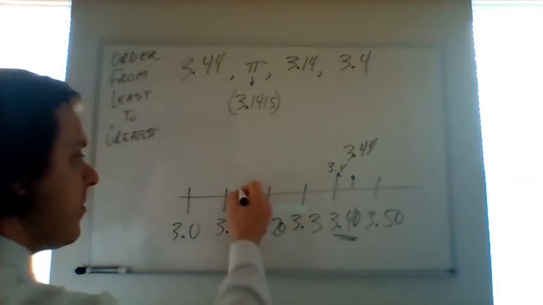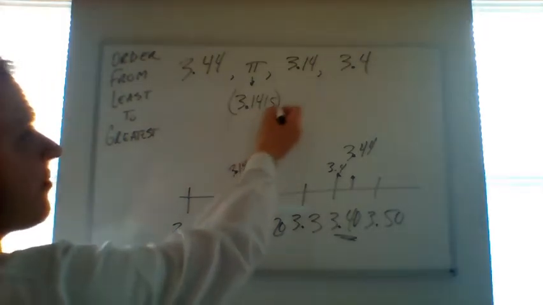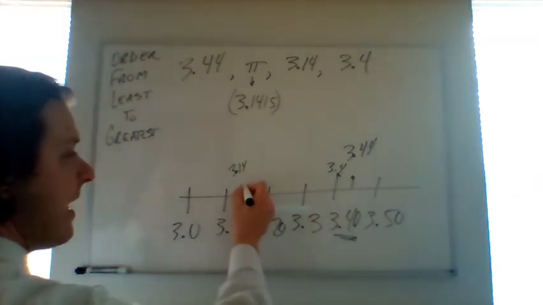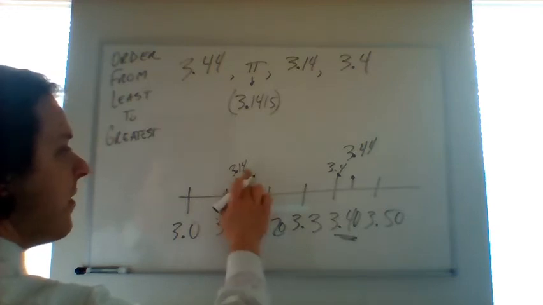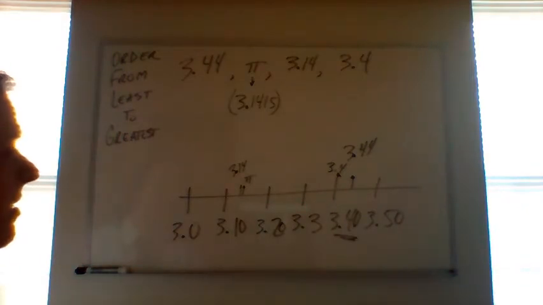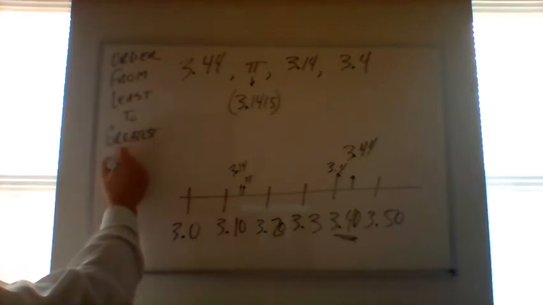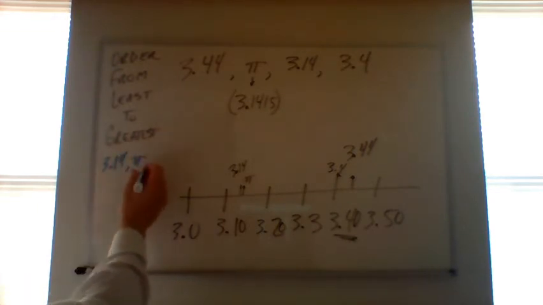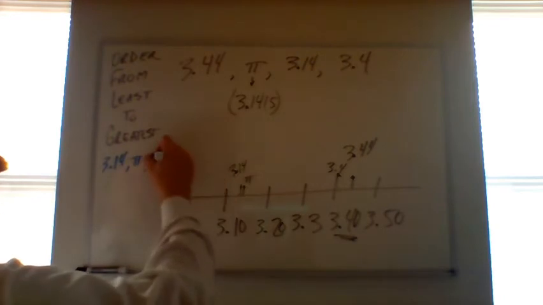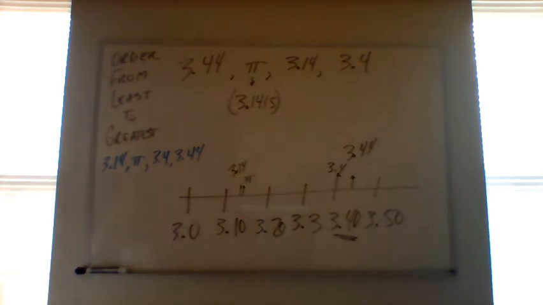So 14 would be probably in there, which means 3.1415 would be somewhere right next to it. This would be pi. So if we wanted to order from least to greatest, we would say 3.14, pi, 3.4, and then 3.44. So that's one way to use the number line to list which number is largest and which number is smallest.